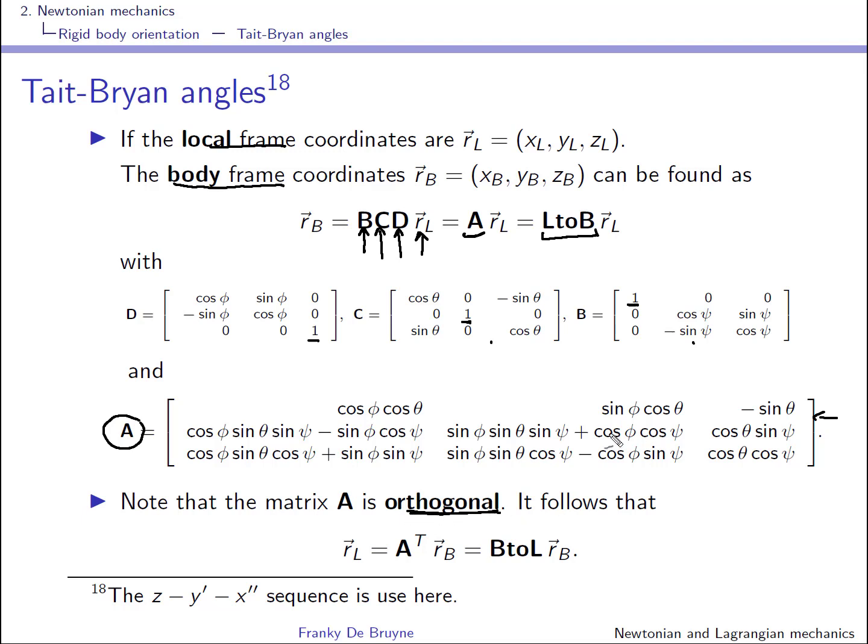This means that if you have to go from the body frame to the local frame, so it's the inverse transform, the nice thing about an orthogonal matrix, and you know that since you had a very good course on linear algebra, is that instead of taking the inverse, you can simply take the transpose. Okay, so A transpose is the transformation from body to local frame.